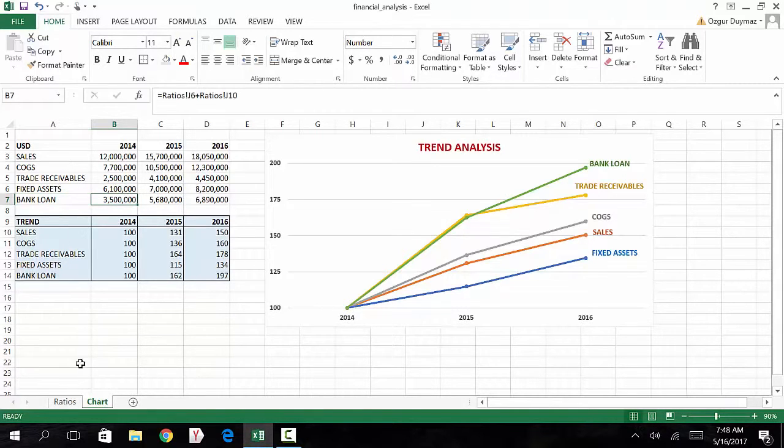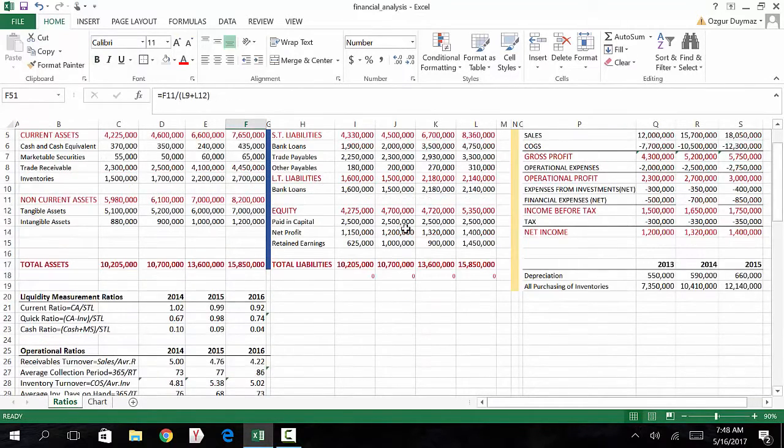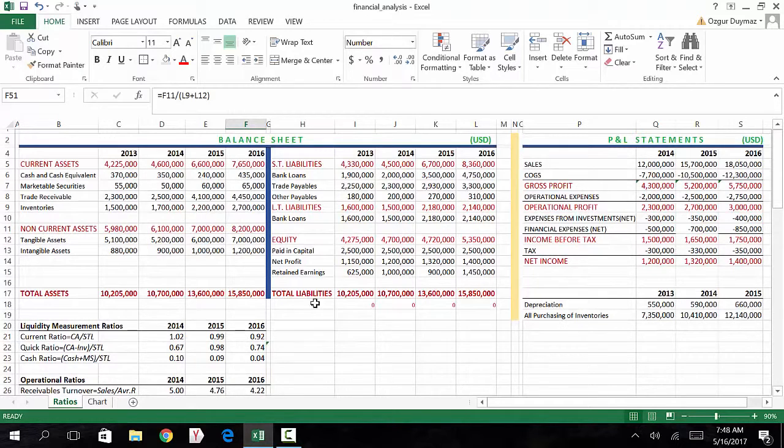Look at, for example, bank loan for 2013, 3,500,000 total bank loan.